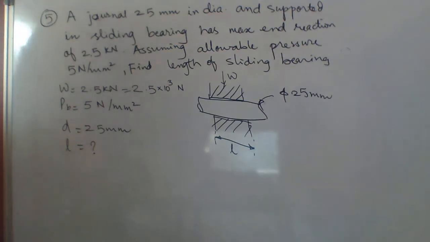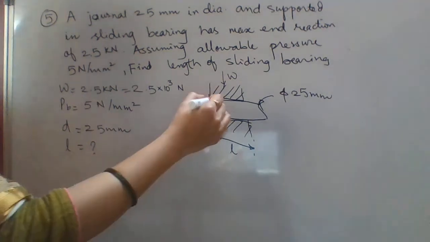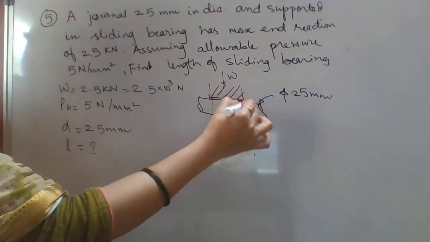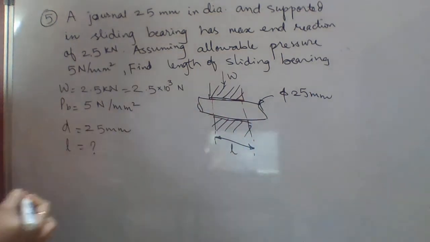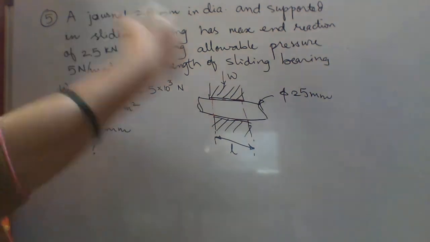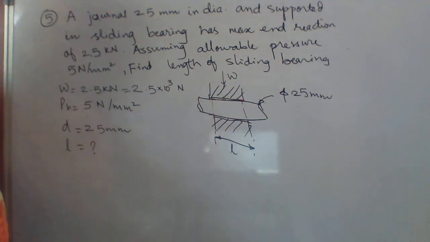Now we know that when there are two parts in contact with each other and there is relative motion between them, as in a sliding type of bearing, then the projected area of those two will be this. The area in contact is cylindrical, but the projection of the cylinder is nothing but a rectangle.